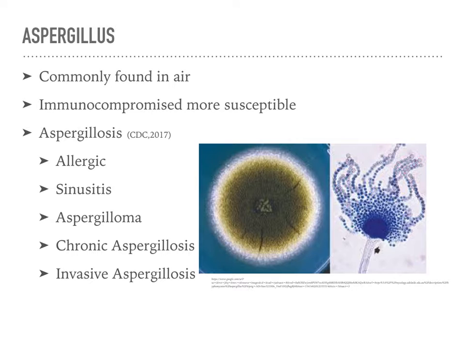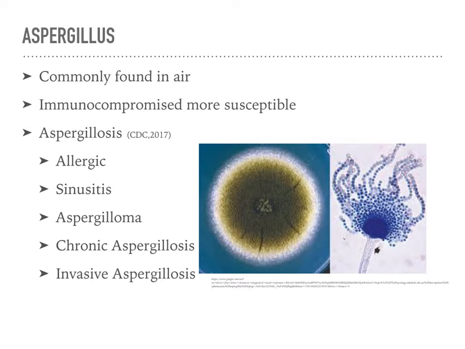You can have a runny nose, a stuffy nose, a headache, or decreased ability to smell. Also, you can have an aspergilloma, also known as a fungus ball within the lungs, and that can cause you to cough or cough up blood and have shortness of breath. And chronic aspergillosis can cause weight loss, fatigue, and shortness of breath. So it seems like every next step is more severe.